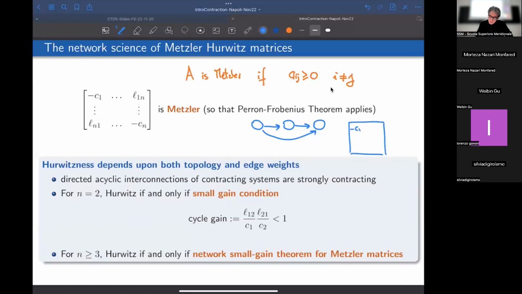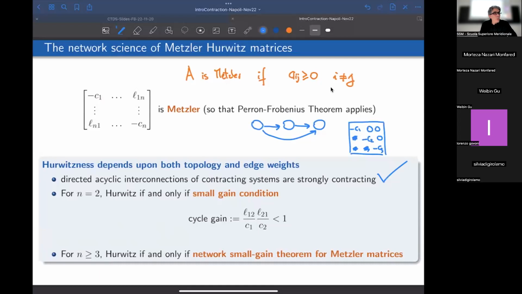Because if you have minus c1, minus c2, minus c3, and you have no cycles, that means you may have entries here, but the other ones are 0. And of course, if you have a lower triangular matrix, the eigenvalues are the entries on the main diagonal. You just read them off. And then it turns out that the smallest in magnitude of the contraction rates will be the contraction rate for your interconnected system. So that's the first statement.